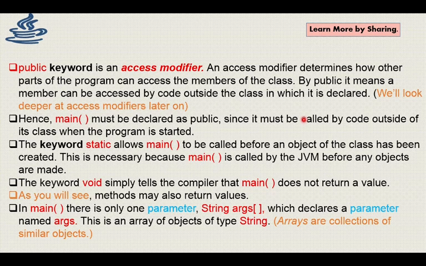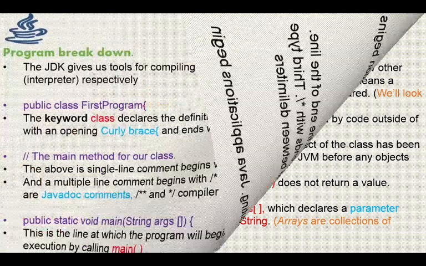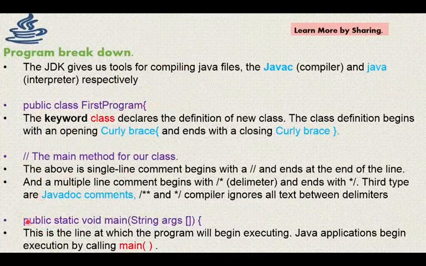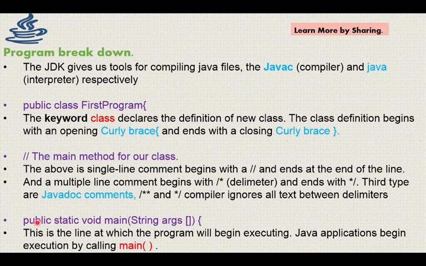So the main method, as are other methods, should be public, right? So the keyword static, right? So we are looking at this right here. So public, meaning this main method should be accessed by other programs. So we should make it public.